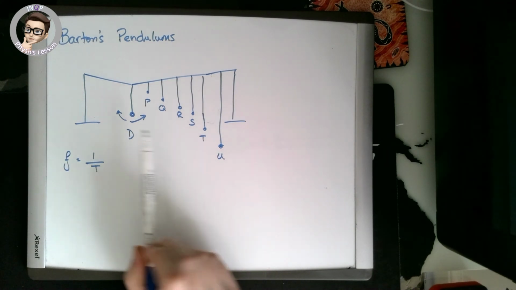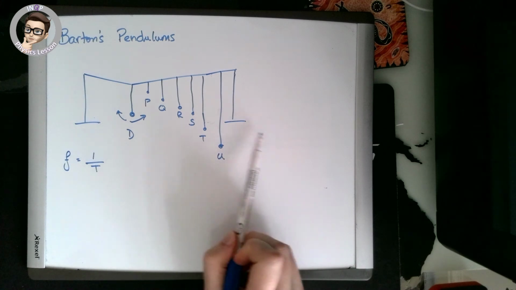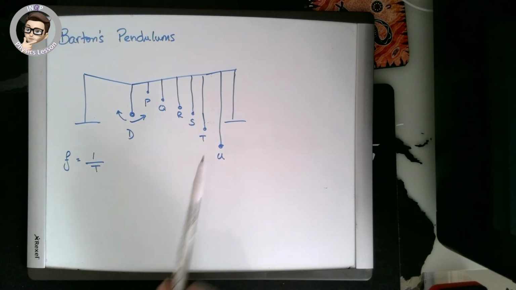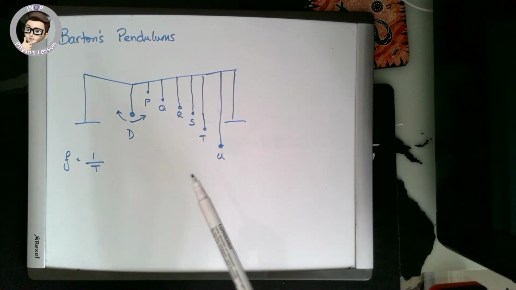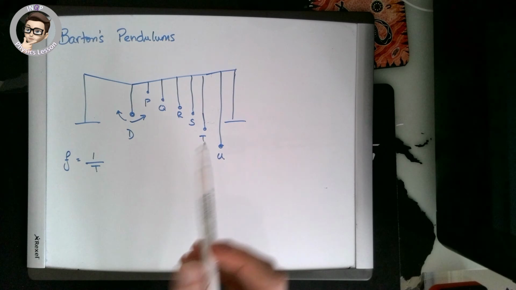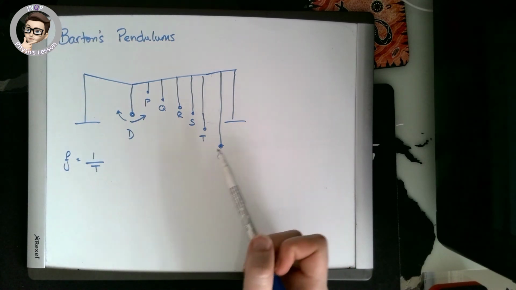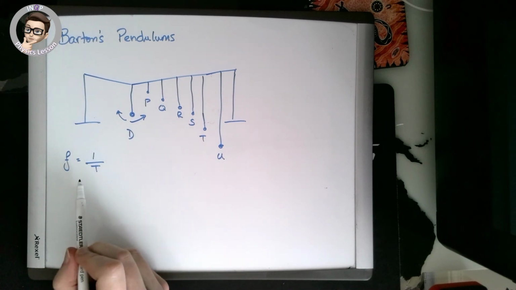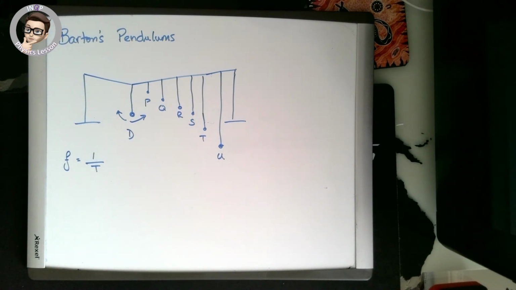So the moment we release D, then all of those different pendula, P to U, are all subject to those periodic oscillations, but it is S that's going to respond with the maximum amplitude because those lengths are the same, so the natural frequencies are also the same.